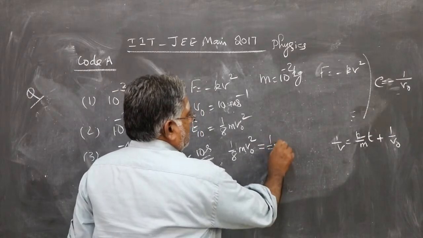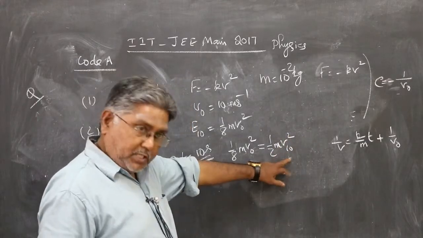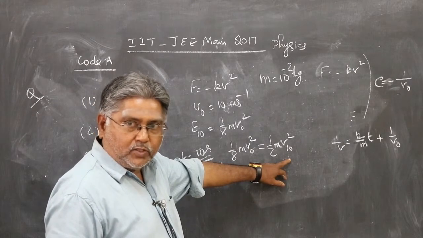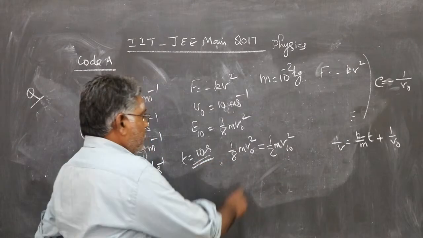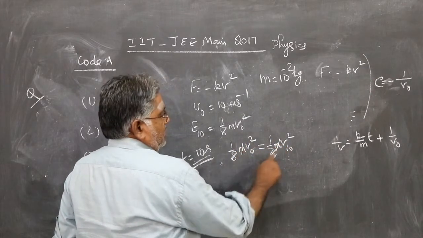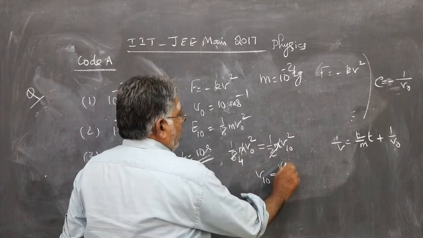So I want to find velocity at 10 seconds. V10, V subscript 10, is the velocity at the end of 10 seconds. So m and m you can cancel. 8 and 2 and 8, so 4. Therefore V10 squared is V0 squared by 4.